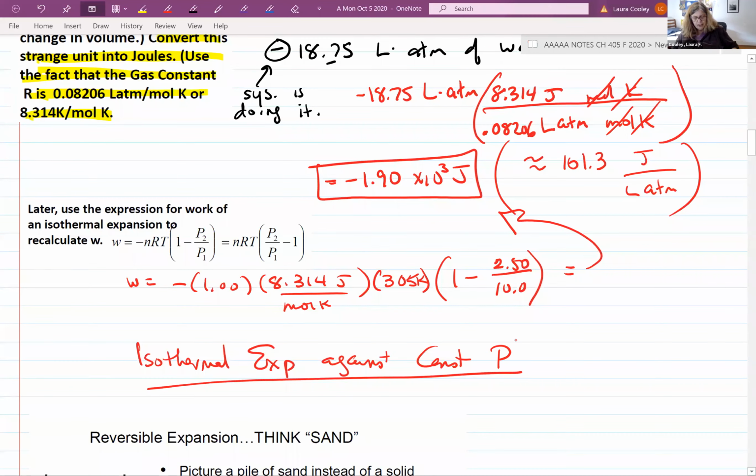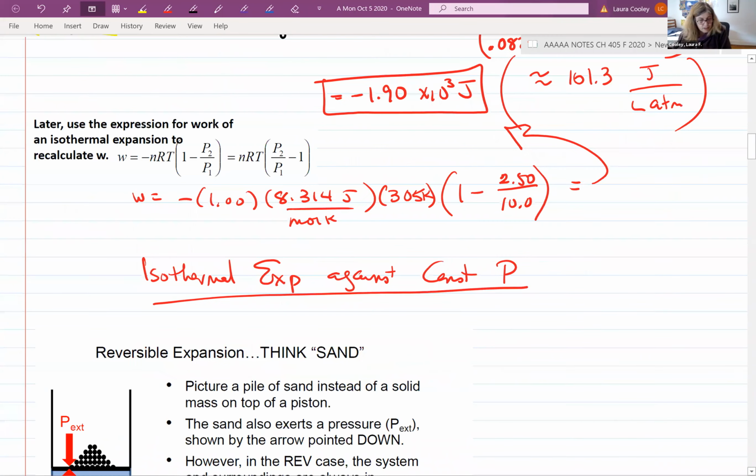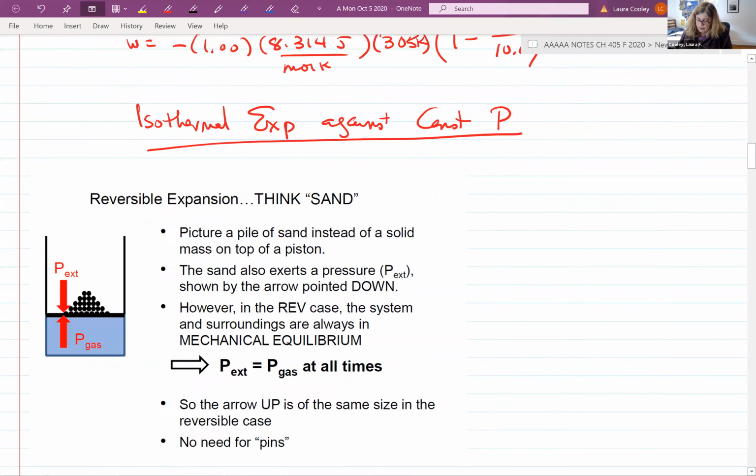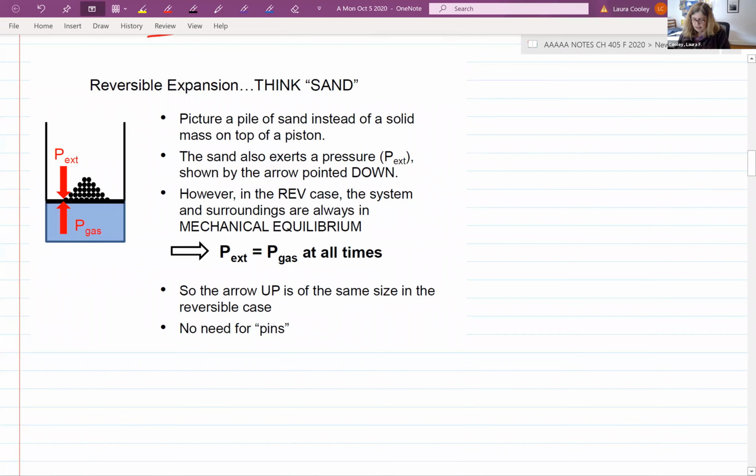Okay, so I'm going to do another special case now, which is called the reversible expansion. This is a very important kind of expansion that's sort of like the opposite of a constant pressure expansion. And so here's how it goes. In a reversible expansion, I always tell students to think about a pile of sand, okay?